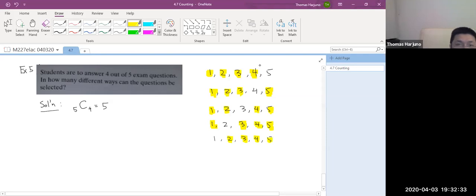In the first method, the question I don't answer is number 5. In the second method, I don't answer number 4, then number 3, number 2, number 1. So basically there are 5 ways to select 4 questions out of 5 to work on.